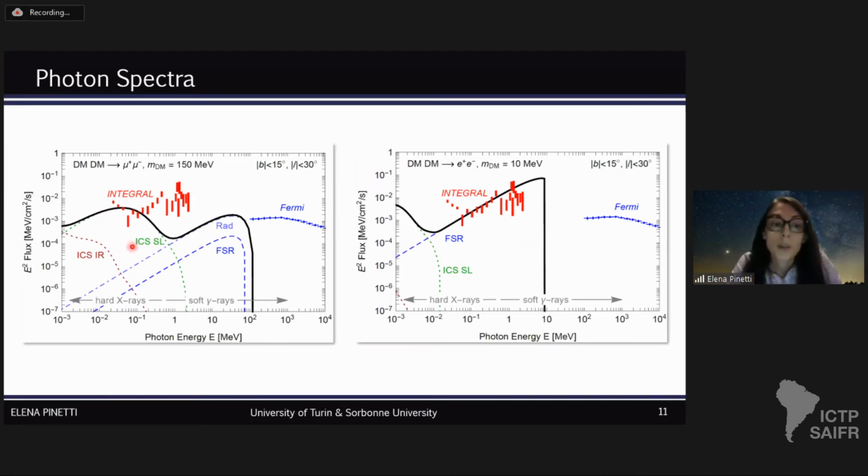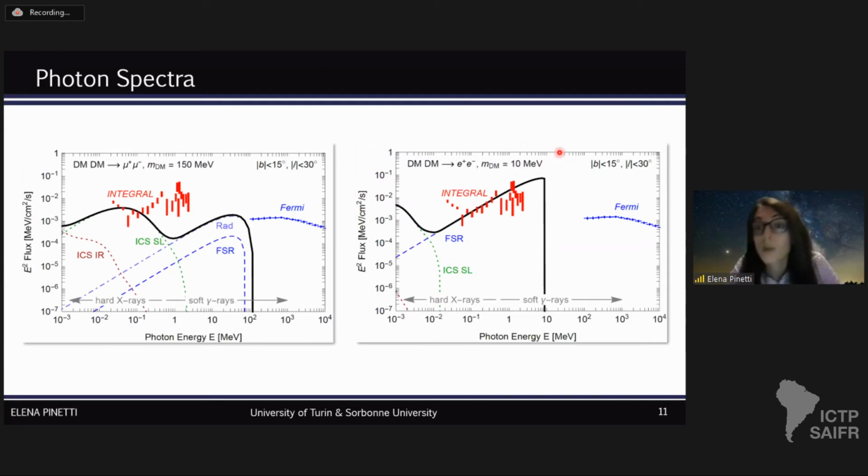Let me also point out that both the final state radiation and the radiative decay, in this case, pass well below the INTEGRAL data, and they are several orders of magnitude smaller with respect to the inverse Compton signal. Therefore, considering the inverse Compton component in this case is crucial, since it is the leading contribution to the total, and therefore it will bring stronger constraints.